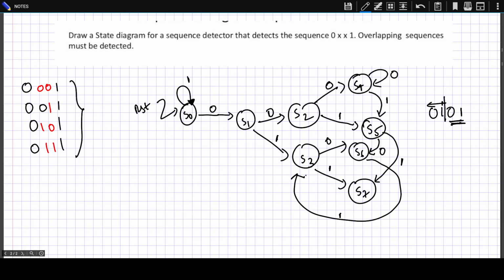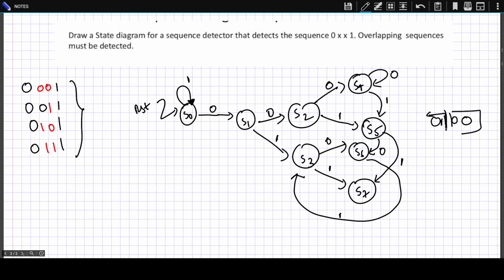If you get a 1, go to S3 when you are at state S6, since you are matching 0 1 0. Okay, if it gets a 0, it should go to a state where it matches two zeros, because this sequence is not of any use to us.